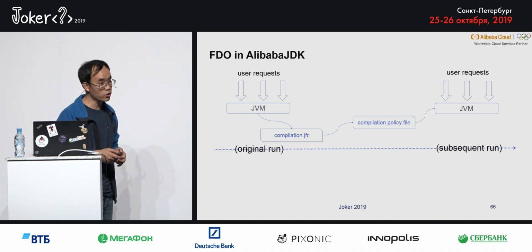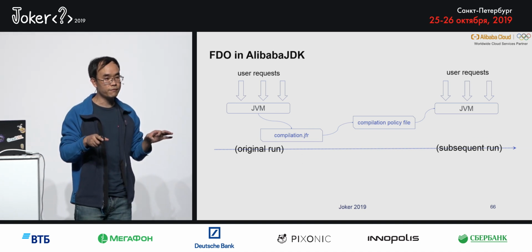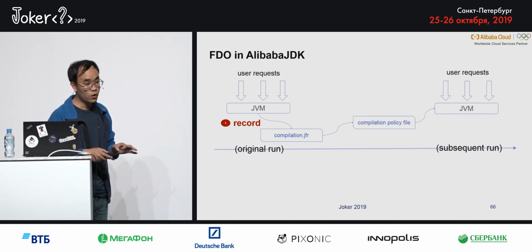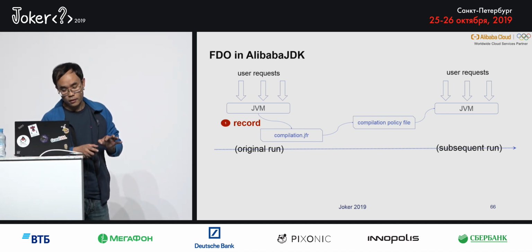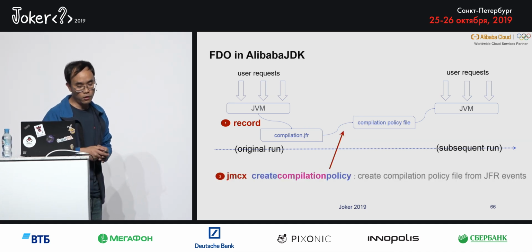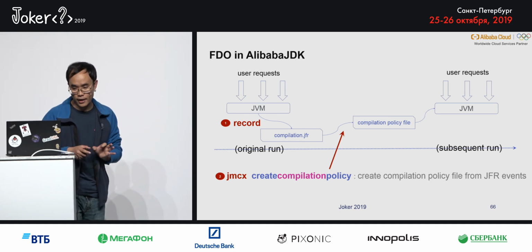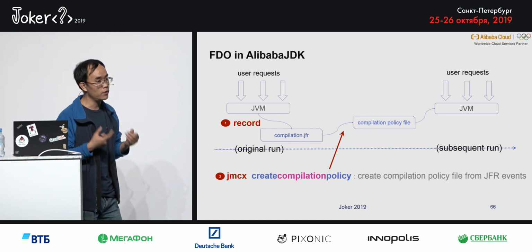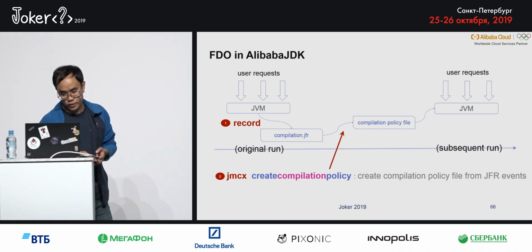We also can do similar things for the JVM. In our situation, in step 1, you can record the compilation results as a JFR event. And in step 2, you can use JMCX to create a compilation policy from the JFR events.